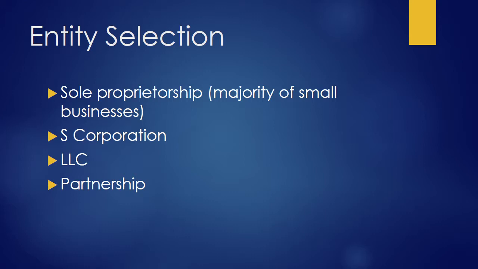The other three have different tax implications, have different legal implications. They're set up differently, but you want to get into those when you start making a little bit more money. When you're around $10,000 or $15,000 in income over a year, then you might want to start looking at the S corp, LLC, or partnership.